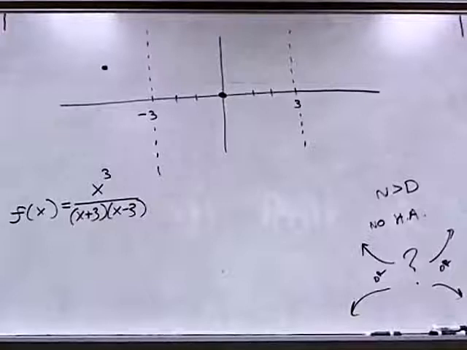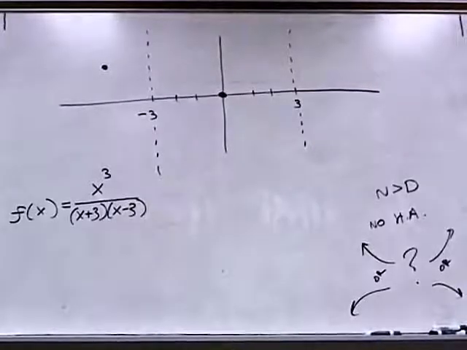What about negative 1? Did you test negative 1? So try negative 1. What's negative 1 cubed? Negative 1. Negative 1 squared is 1. Yeah, you need to check negative 1 there.